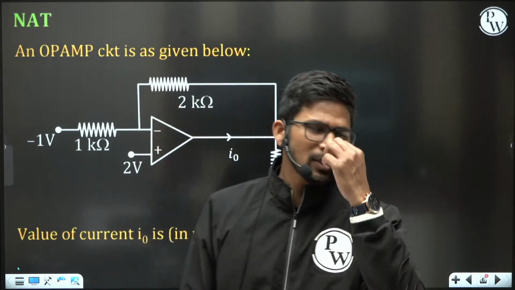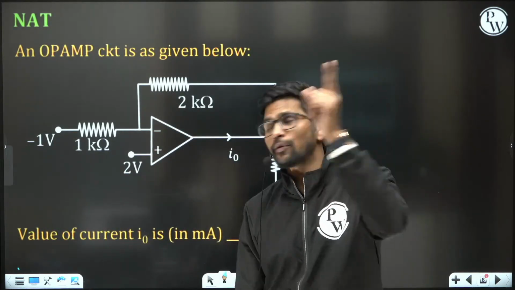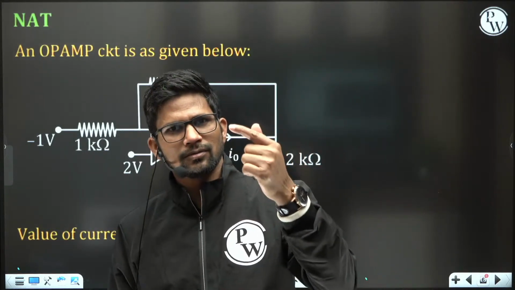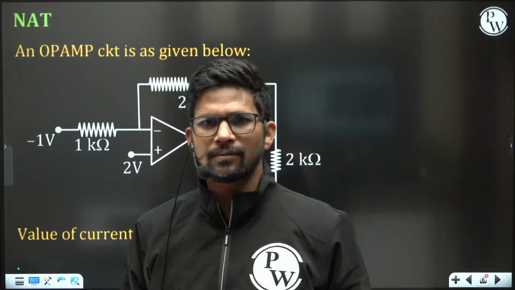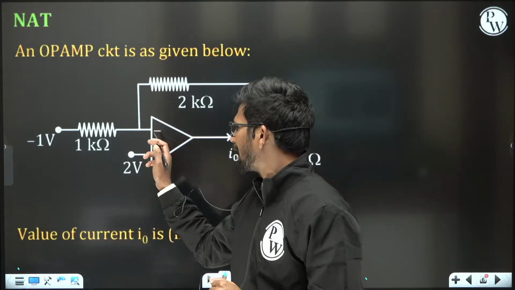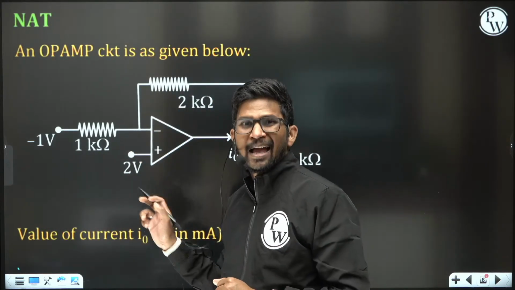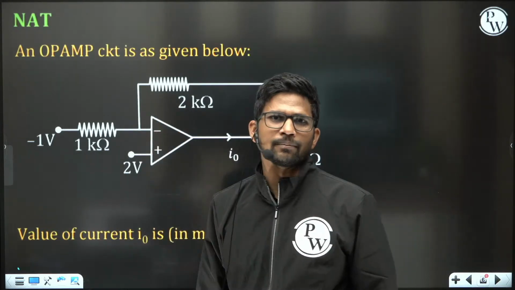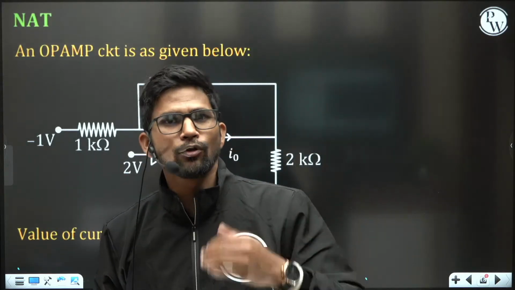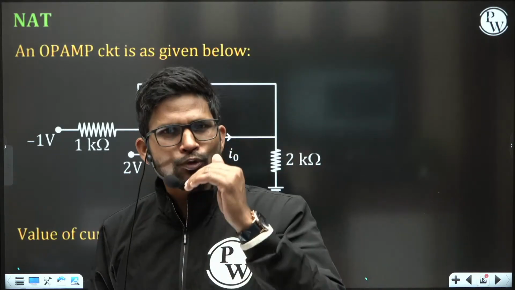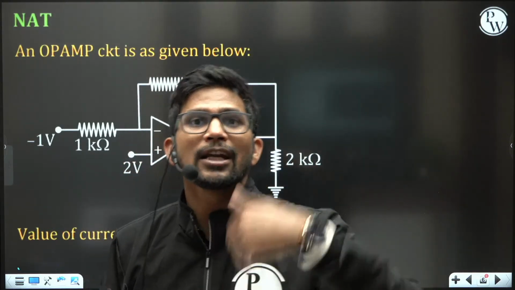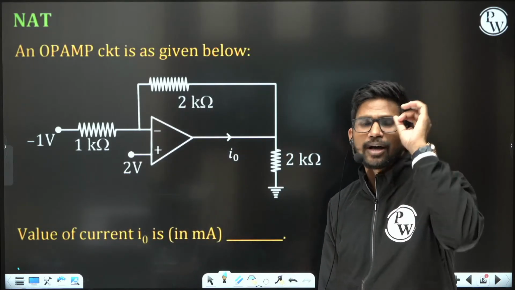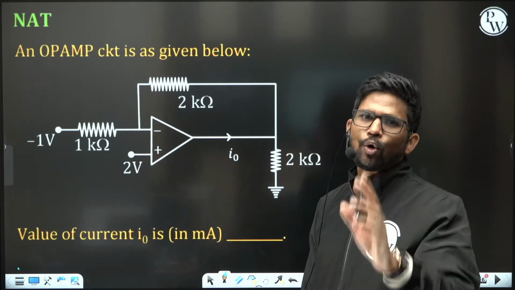If it is not directly mentioned, then try to find out the value of V plus and then equate V minus equal to V plus, and by that you can find out the value of V minus, and then apply KCL at the negative terminal of the op-amp. By doing this, either you will be getting the answer or you will be getting some steps to find out the final answer. So you need to follow these basic steps always when solving any op-amp question.